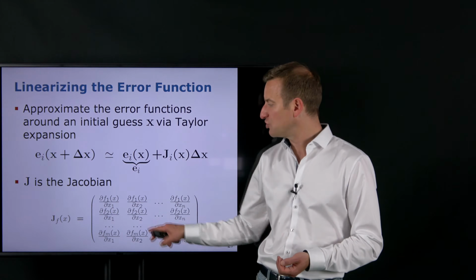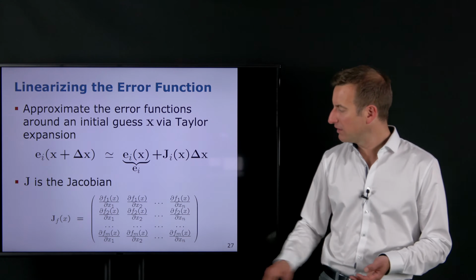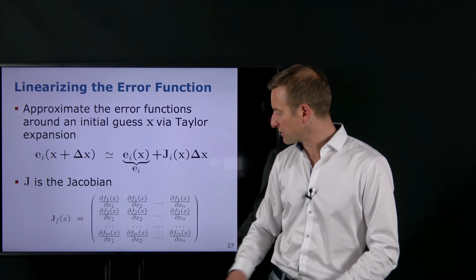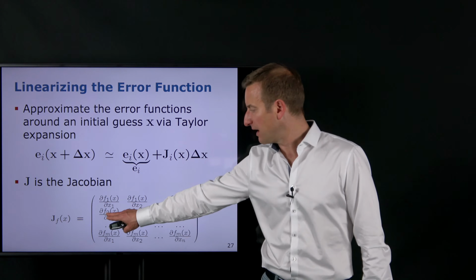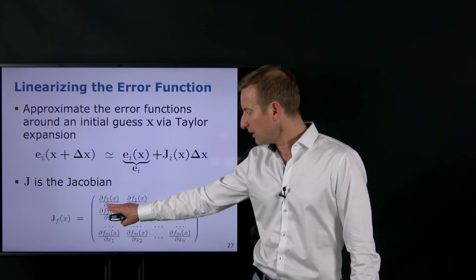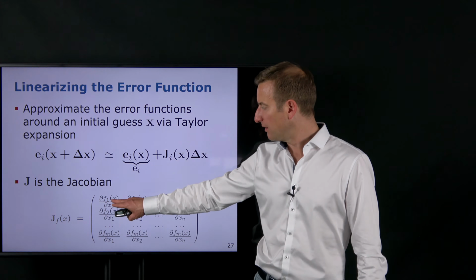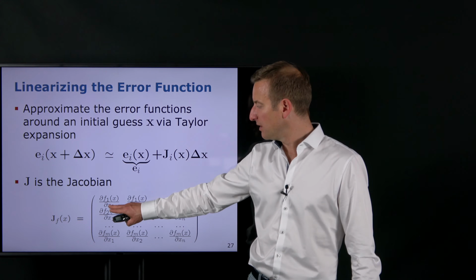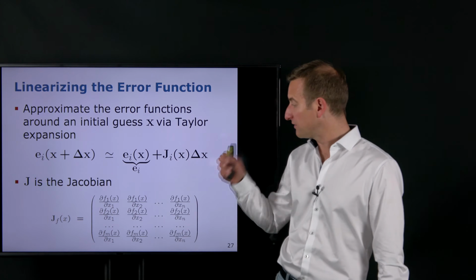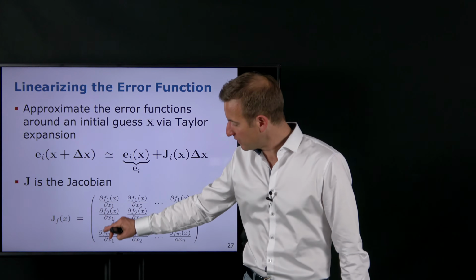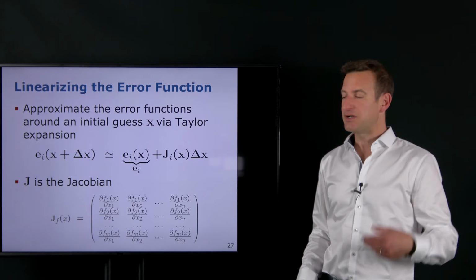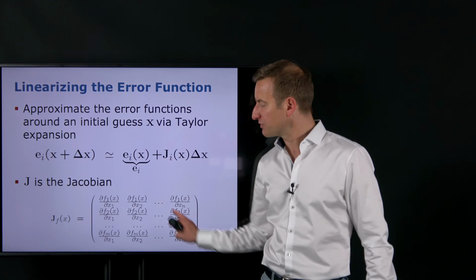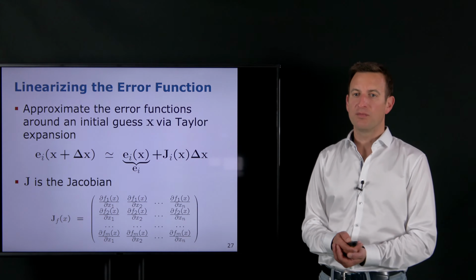And this matrix J here is my Jacobian, so my matrix consisting of the partial derivatives. Here in every row we have one dimension of the function with respect to the first, second, third, nth variable, and down in every row we have the individual dimension of the function. So I have basically the partial derivatives sitting here in this Jacobian.